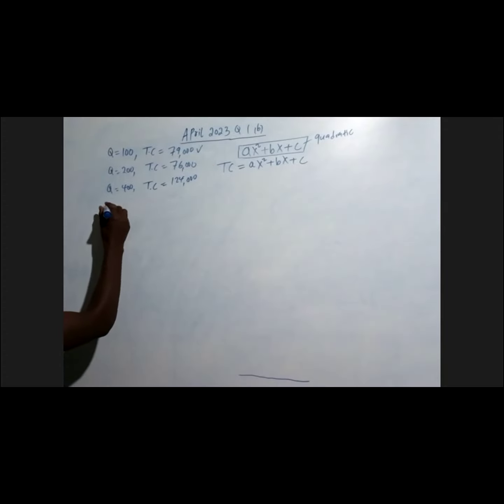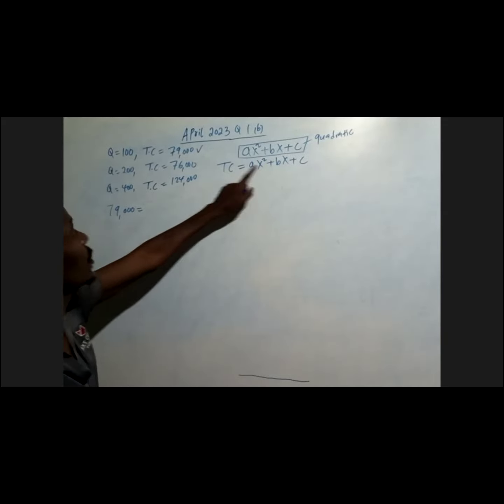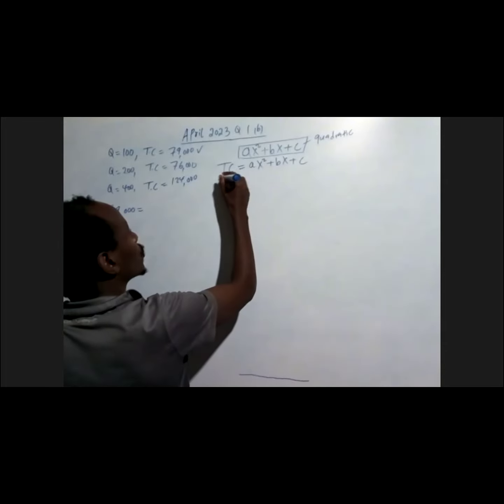Now let's start with the first one. When our total cost is 79,000, our x is, remember, our quantity in this case. Let us do this so that we don't complicate the item.